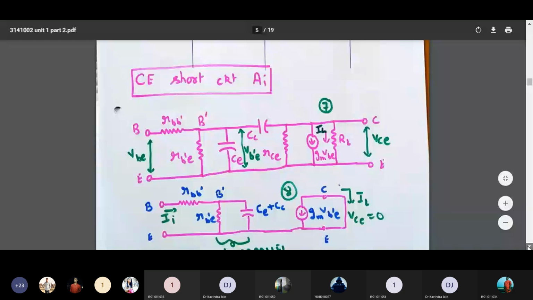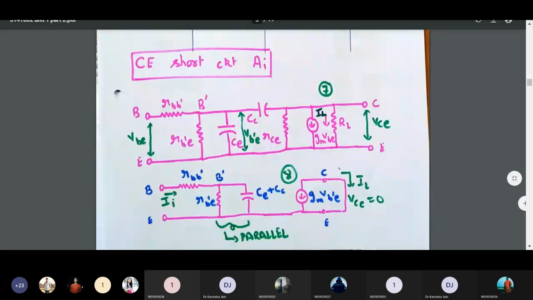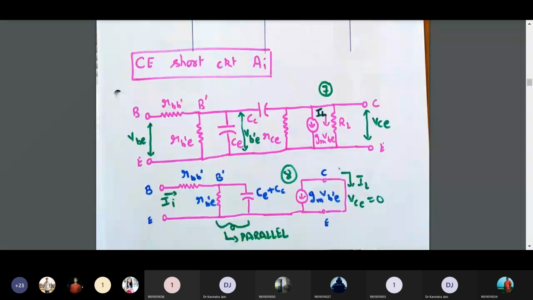It is clear, sir. Once you draw the diagram, let me know so that I can proceed further.